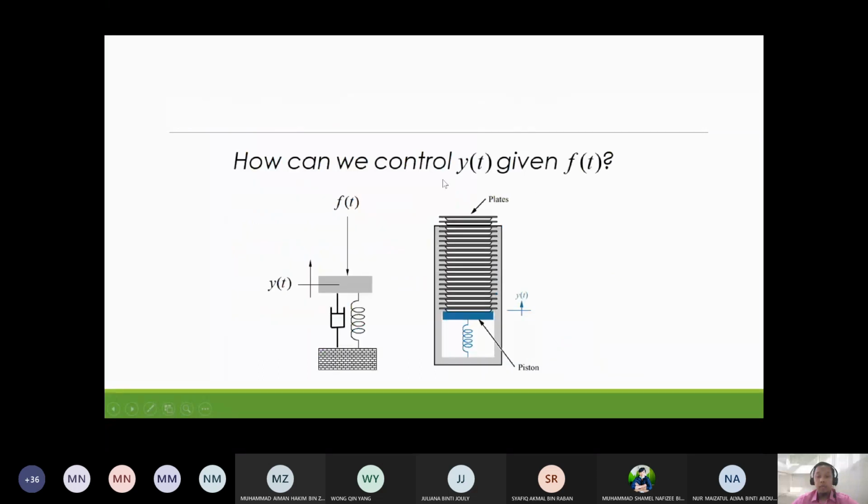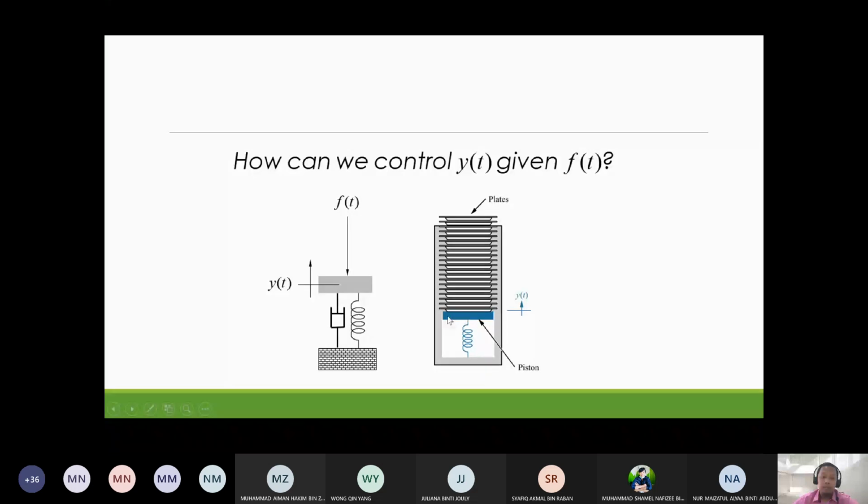So we can make a similarity from this system to a mass spring damper system. We have a mass here, which maybe consists of the piston surface, and we have a force.